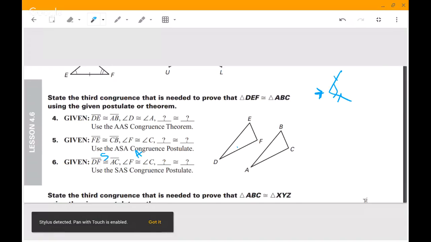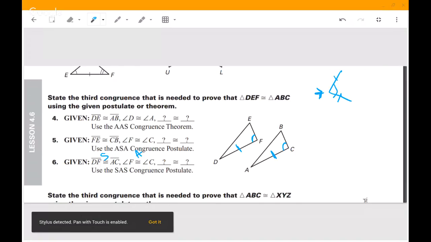So if we mark DF congruent to AC, and it tells us angle F and angle C, we need to prove one more side, because this is side angle side.